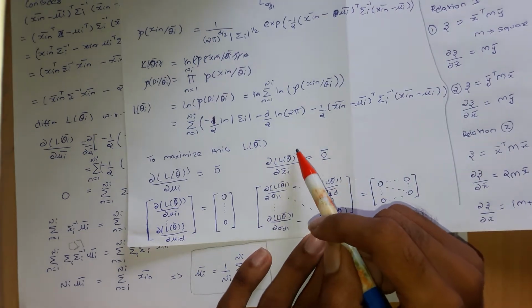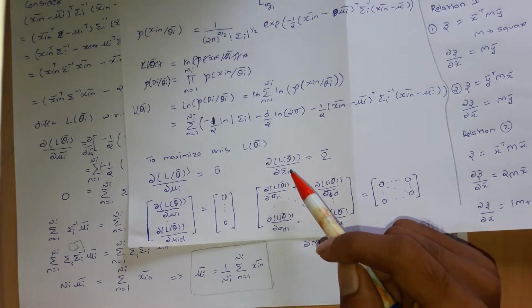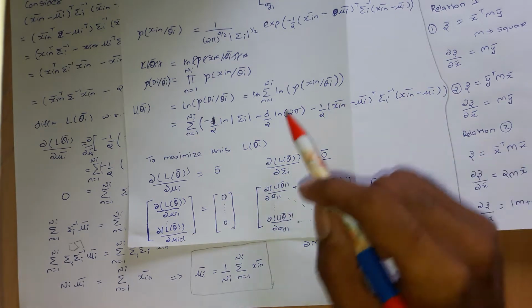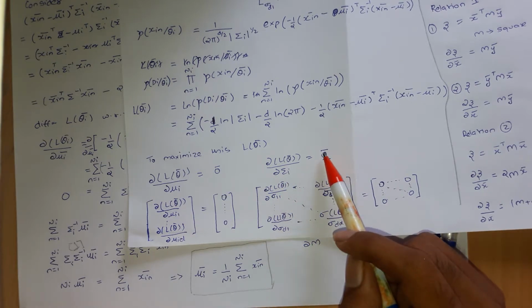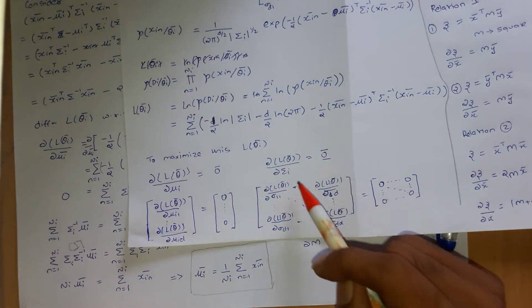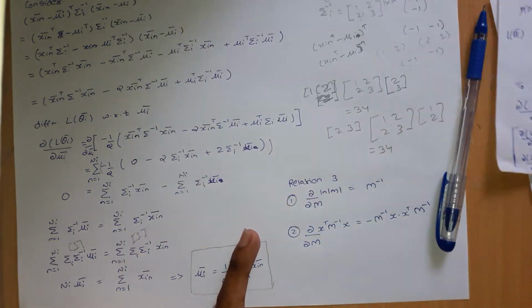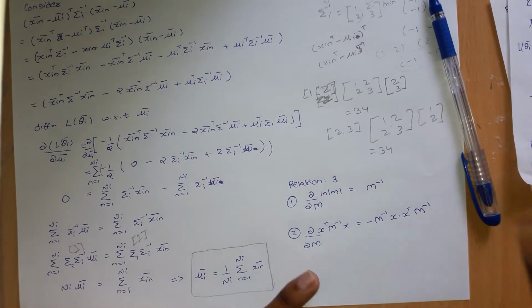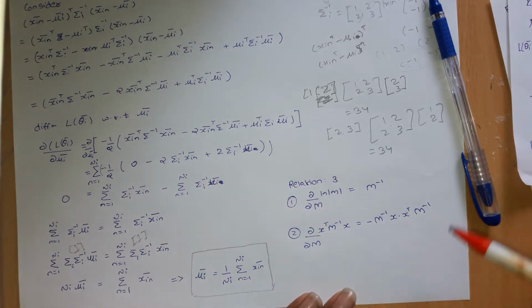So the next thing that we had to do was differentiate this thing with respect to sigma I and equate it to a zero matrix. So you will have to differentiate with respect to this. I guess I'll upload it in some near future, I'll not upload it now. So I recommend you to please solve this once.